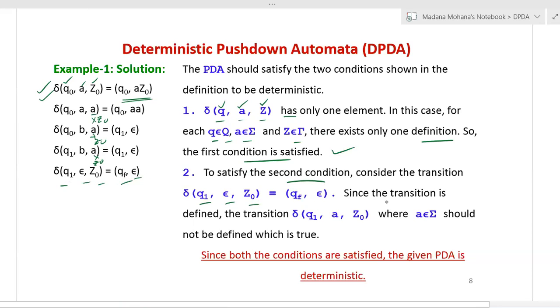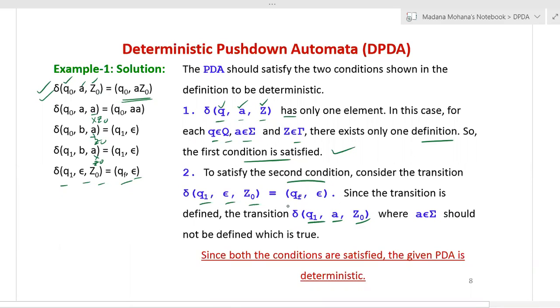Here you can see, the transition delta of Q1 A Z naught, where A belongs to sigma, should not be defined, which is true. From state Q1 with an input A with the empty symbol of the stack, this transition is not defined. But Q naught A Z naught, that is different.